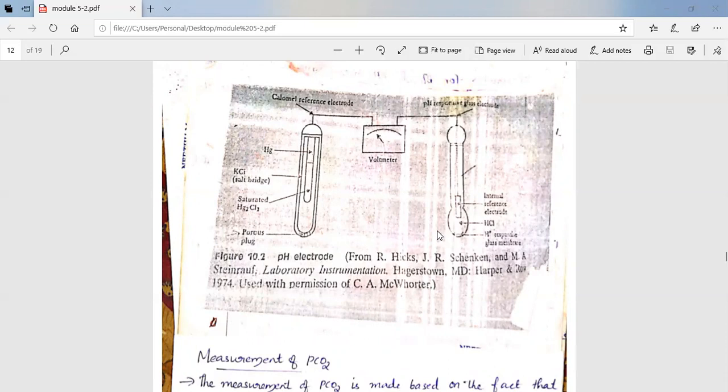The voltage developed across the electrodes is applied to an electronic amplifier, which transmits the amplified signal to the display.